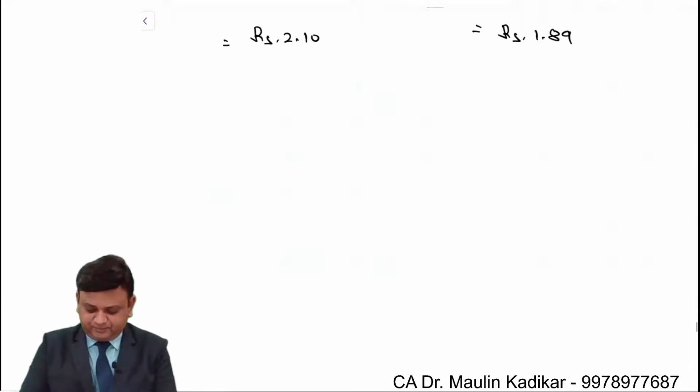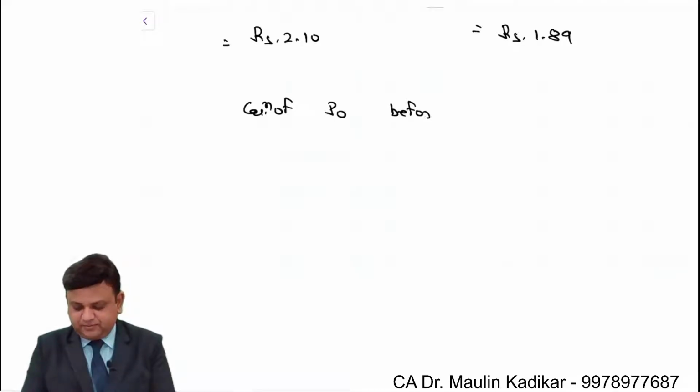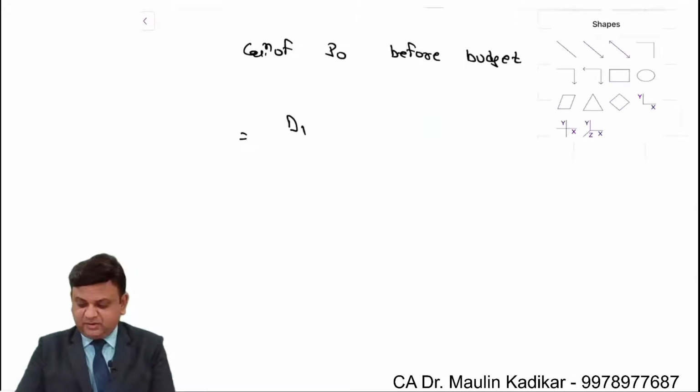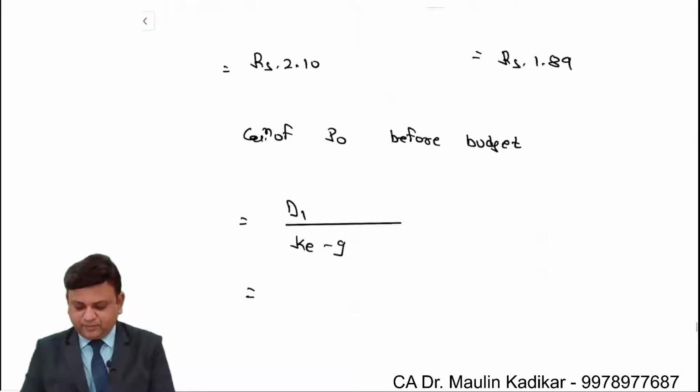Next, calculation of P0 before budget. Dear students, the question is clearly providing the information that the investor's required rate of return before budget was 10%. So it is D1 divided by K minus g. What is D1?